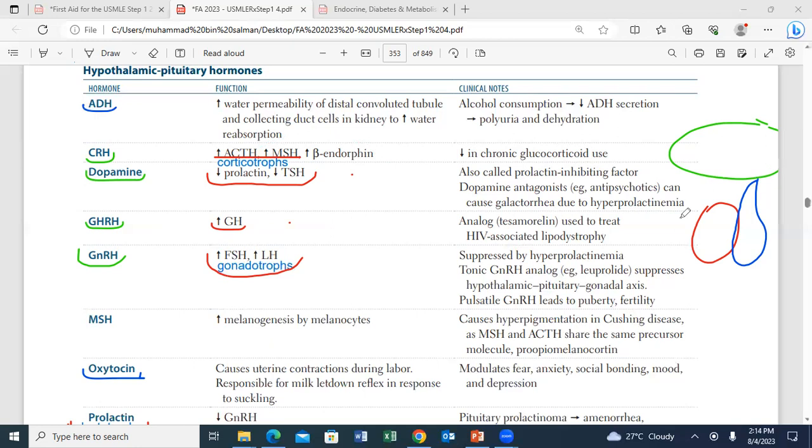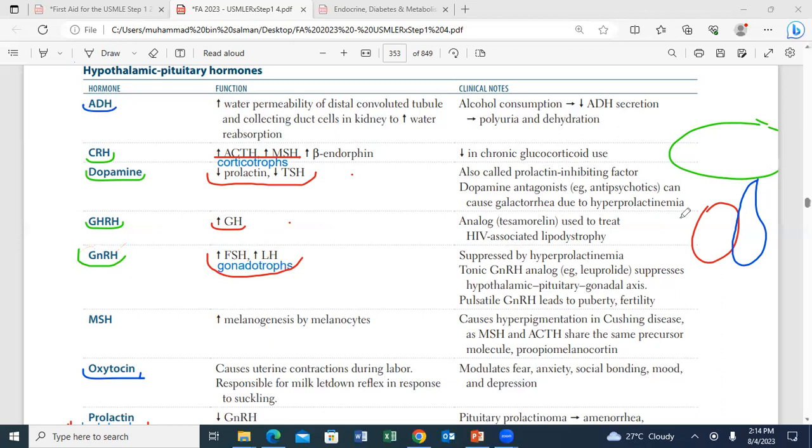Then gonadotropin releasing hormone stimulates the release of gonadotropins inside the pituitary gland, and it is very easy to understand that hyperprolactinemia inhibits gonadotropin releasing hormone. Now let me tell you, prolactin is stimulated by estrogens and other sex hormones.